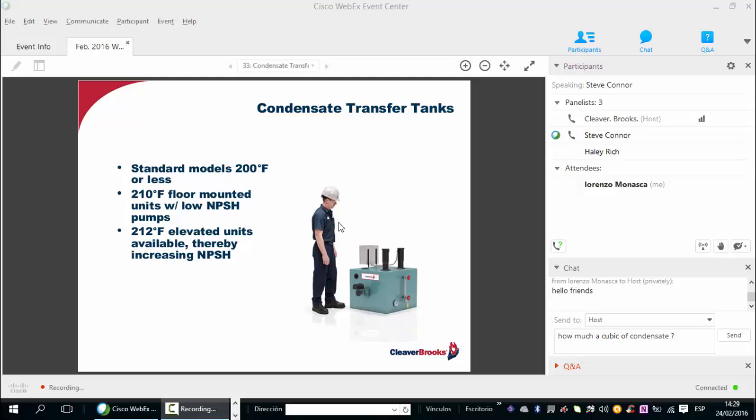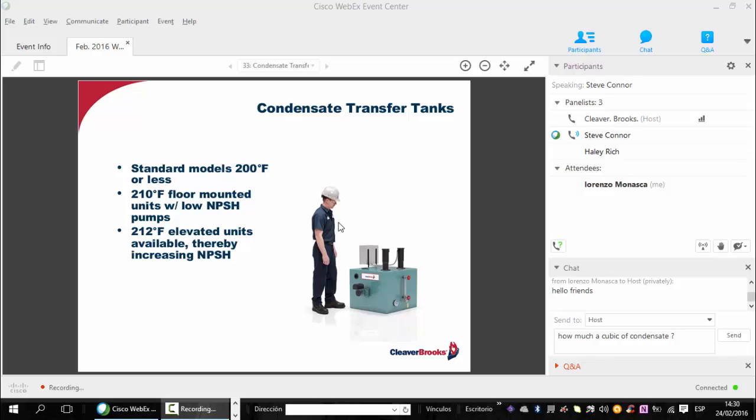And they're normally limited with regard to incoming condensate temperatures and the NPSH requirements. However, exceptions can be made, allowing higher temperatures and lower NPSH requirements. So it pays to inquire before spending the money for something that fails in a very short time.